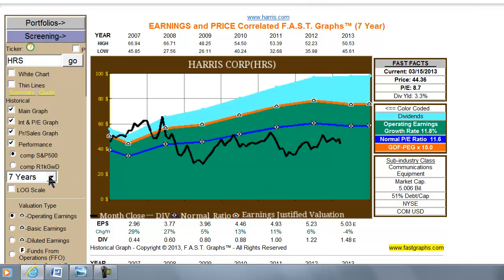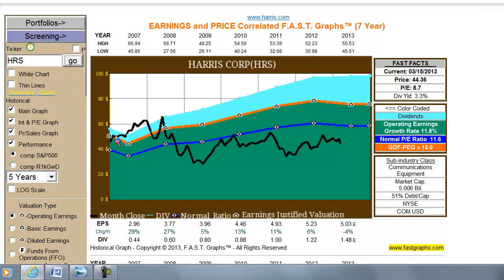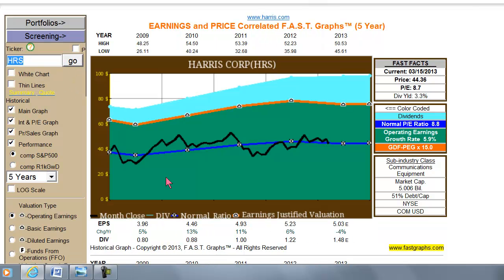So let me drop 2 more years off this graph and see what I discover as I look at Harris Corporation. What I discover now is that the normal PE has actually shrunk to 8.8. Now, I want to clarify that. I still have my 15 PE here, but since the Great Recession of 2008, Harris Corporation has at times even traded below that.